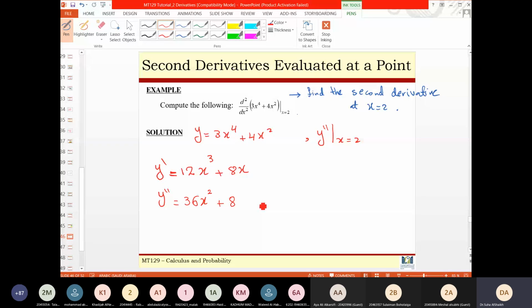I want y double dash after changing x equals 2. This will be 36, substituting x with 2, 2 to the power 2, plus 8, equals 36 times 4 plus 8. What did you get as the total, 80 or 152?